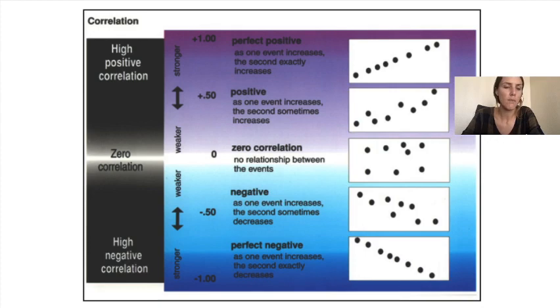So starting in the middle of this figure here, we have a correlation of 0, meaning that there's no relationship between the two variables in question. Let's say that we're interested in the relationship between, maybe SAT scores or standardized testing scores and college performance. Say we're measuring those two variables.